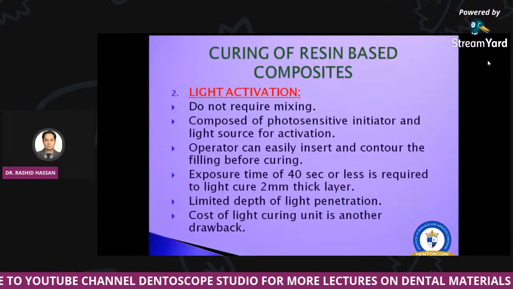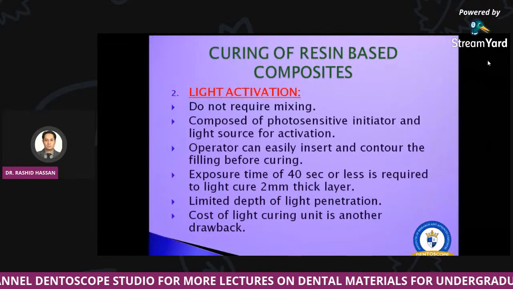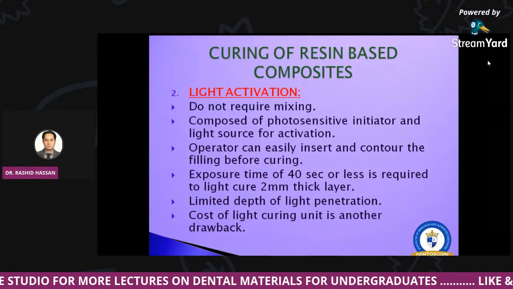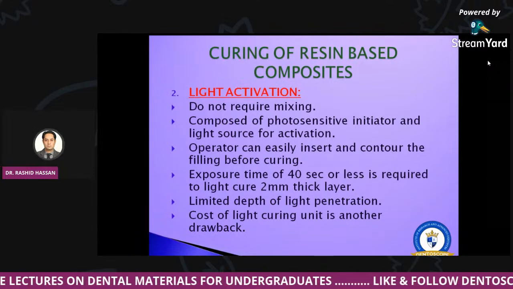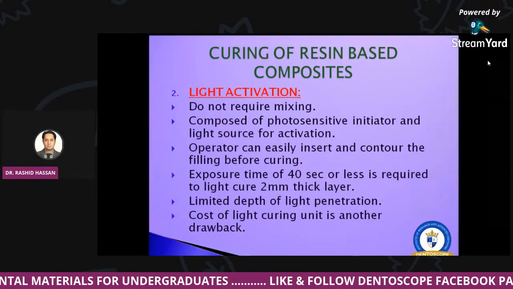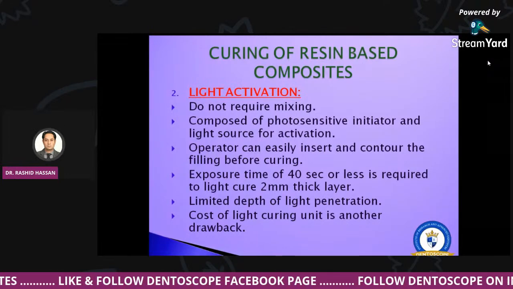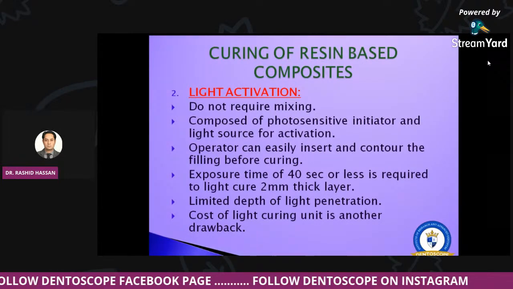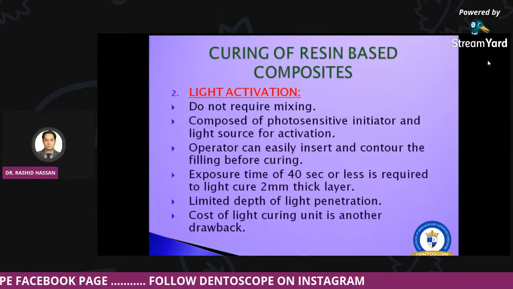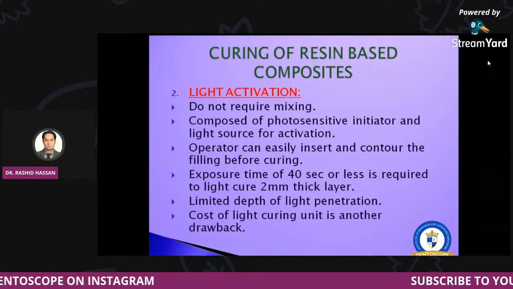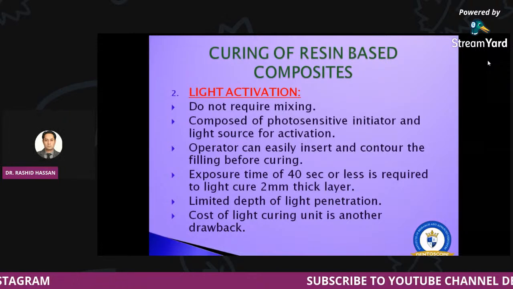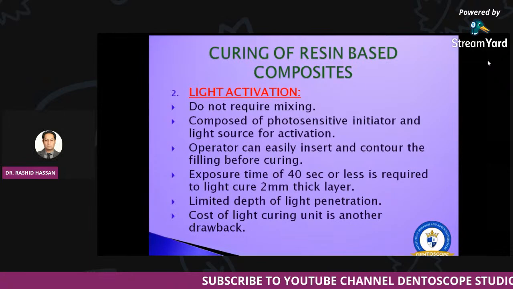Why? Because of the presence of filler particles. The filler particles, as I told you, have glass in them. So these glass particles present inside the dental composite basically reflect light. I told you about the index of refraction, what significance it has, and said that I will talk about it in the next lecture. So this is the significance.